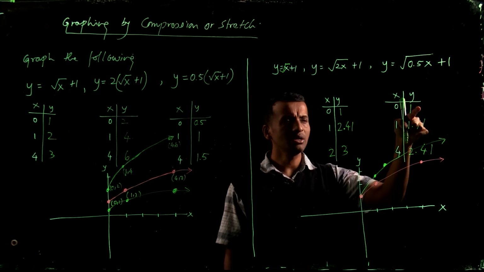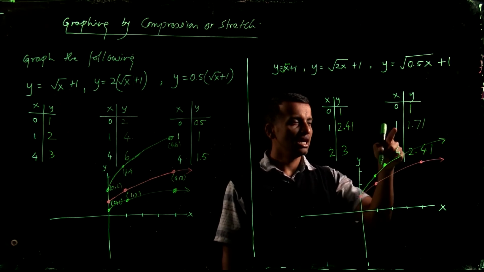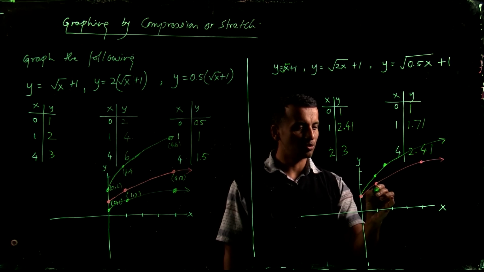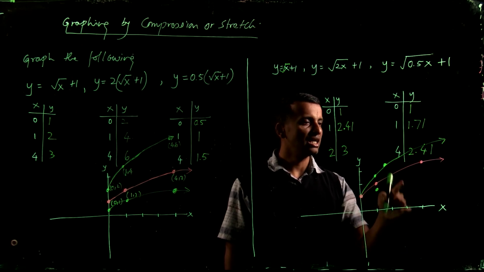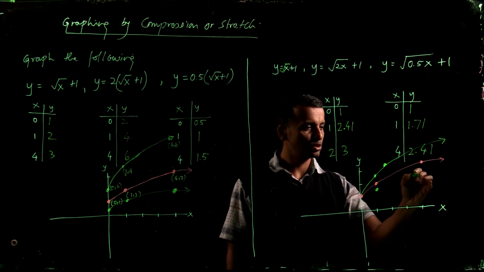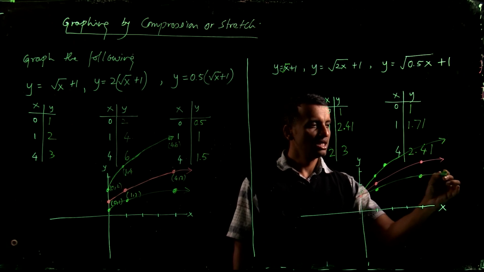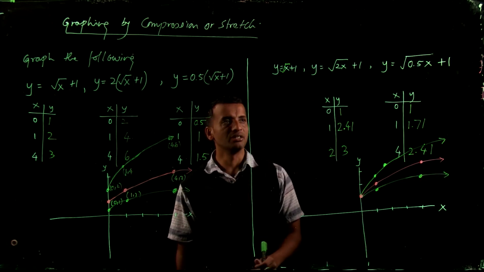So the graph will look like this. For the second one, it is 0, 1, and then at 1 it is 1.71, somewhere here, and then at 4 it is 2.41, somewhere like here. So you see a similar pattern here, right?